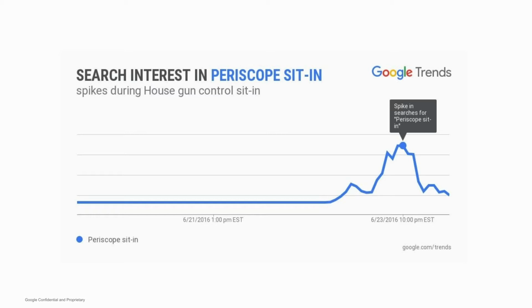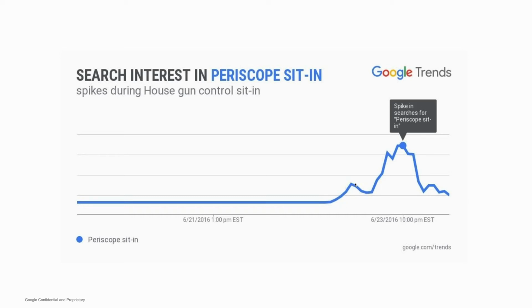Okay, Periscope it's called. So people were searching for Periscope sit-in because they wanted to see the live stream from this protest. So as you can see here, nobody was really searching this term. It was pretty flat until the 23rd. It looked like it peaked right here around 10 p.m. Eastern time, and then began to tail off as the protest ended.